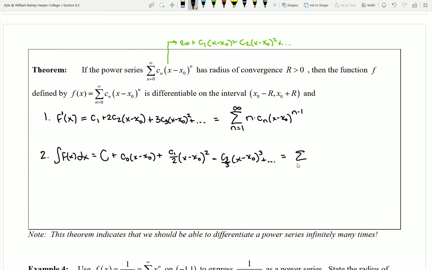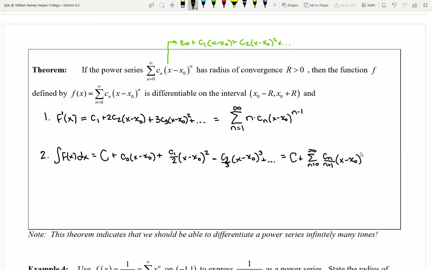In general, I'm doing an antiderivative of the original series that I had. Of course, I just have to be careful to keep in mind that I have my plus c at the front, and then my series starts. Notice here, I can still start at n as 0 because I didn't lose any of my terms. They all just grew extra stuff, but none of them disappeared. The general pattern was I take my c sub n and divide by 1 bigger than what the power used to be.